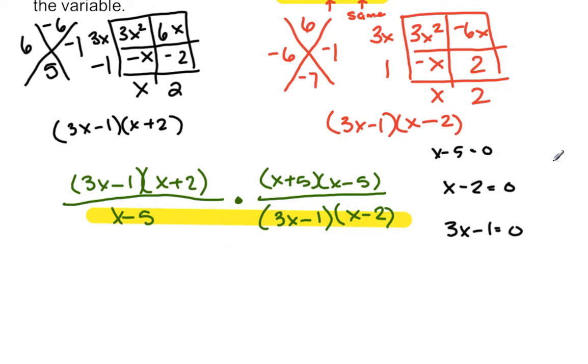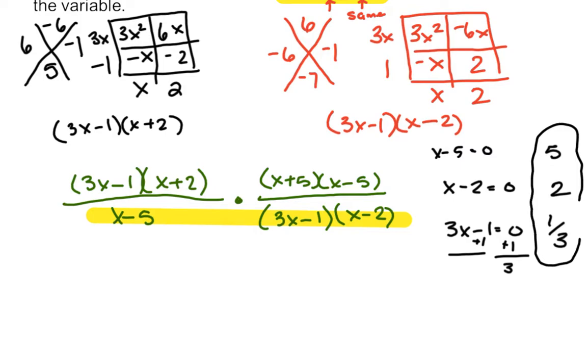This one is going to give us positive 5. This one is going to give us positive 2. And for this one we would add 1 and then divide both sides by 3. So our restrictions are 5, 2, and 1/3.